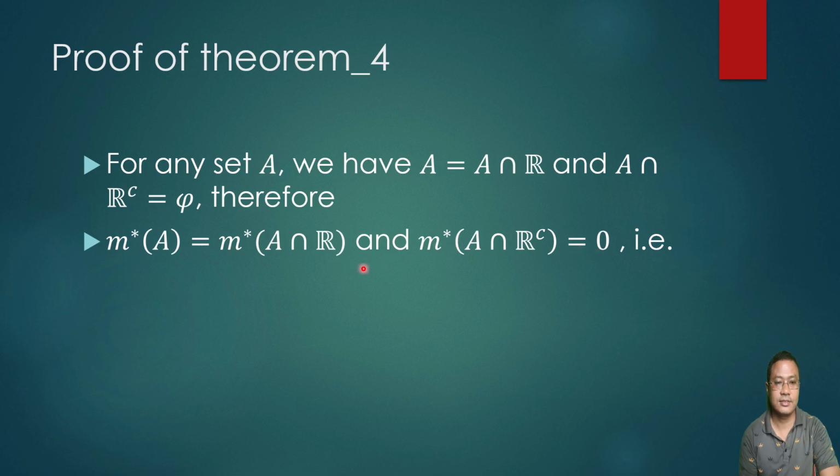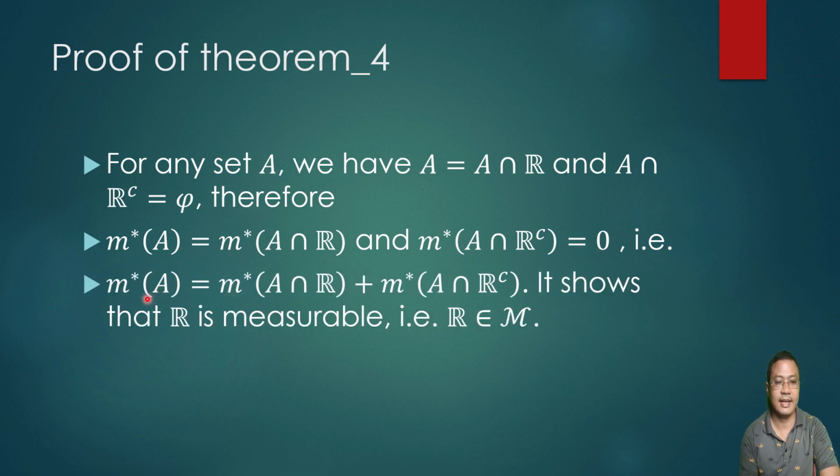So you can write M star A is equal to M star A intersection R plus M star A intersection R complement, because this part is 0, you can add it here. So you have the equality. It shows that R is measurable. That means R is a member of M.